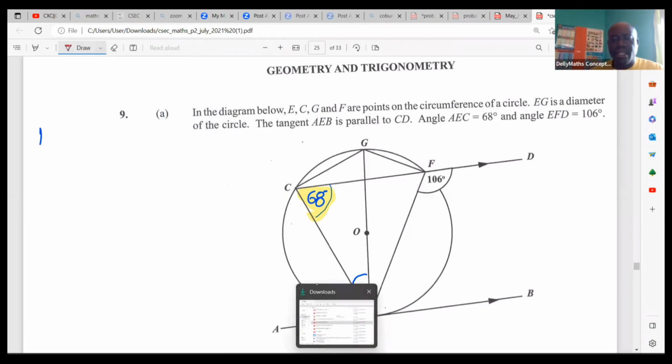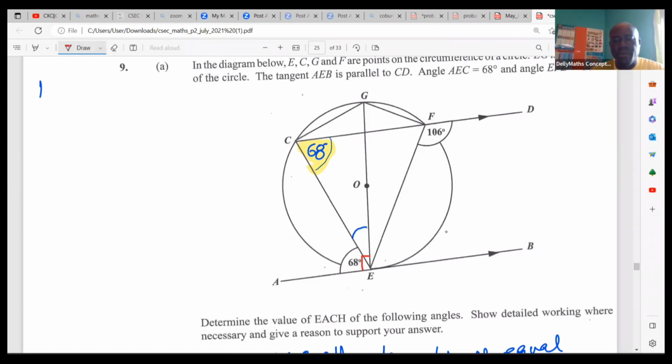Because that is 90 degrees, and I do have 68 degrees out of it, if I want to find CEG, it's going to be the 90 degrees, and I want to take out that 68. So 90, you take away that 68, you're left with 22 degrees.